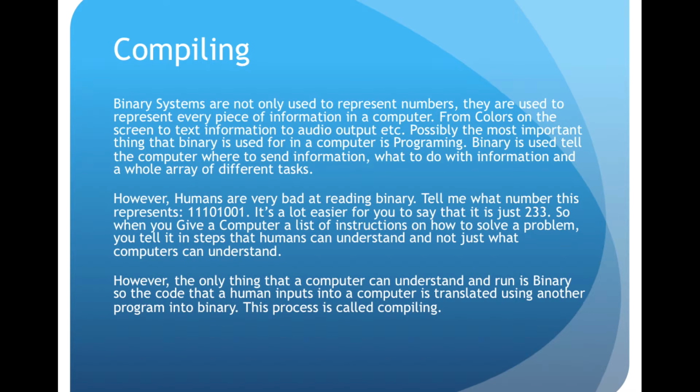And that's kind of a problem because humans, like I said, are really bad at understanding binary. And this is a really hard problem because a human can really easily program, but it's sometimes very hard to put that into a scenario of just ones and zeros.